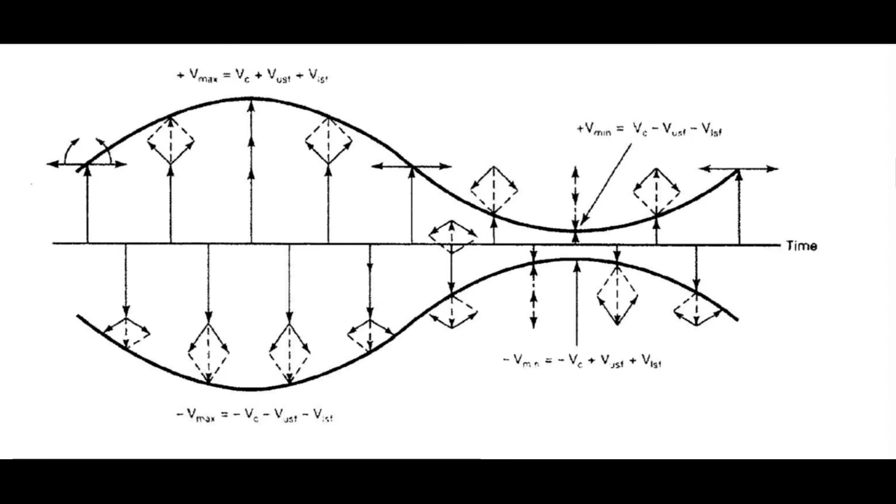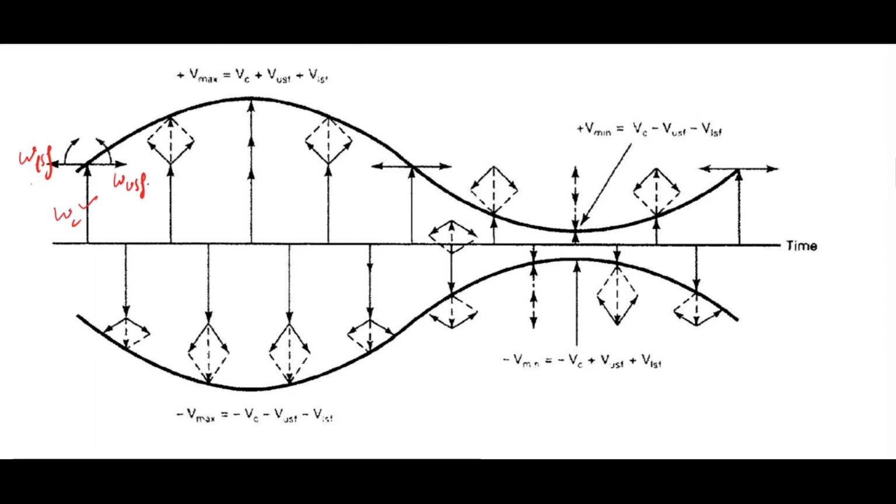For a single frequency modulating signal, like the sine or cosine wave we have considered, the AM envelope is generally produced by the addition of vectors of the carrier, lower side frequency and upper side frequency. In this diagram, this side is the lower side frequency, this side is the upper side frequency, and this is the amplitude of the carrier, or you can write it as omega c.